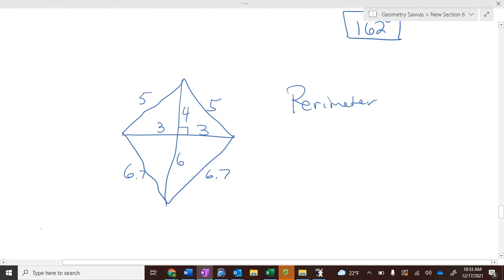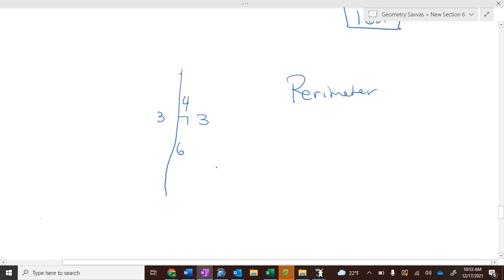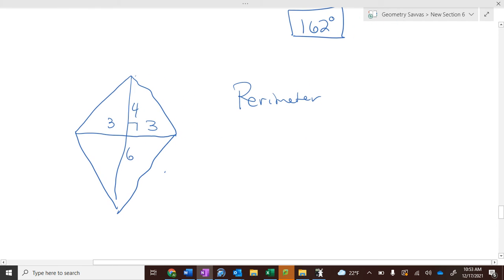What is the perimeter of this? To figure this out, we do the Pythagorean theorem.